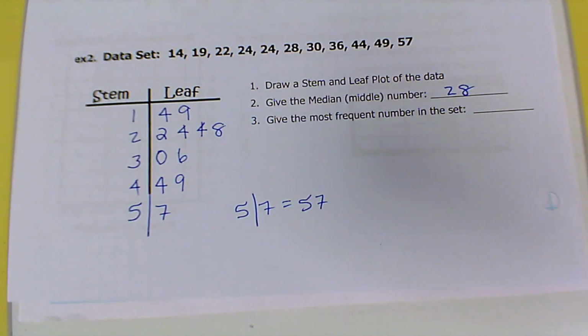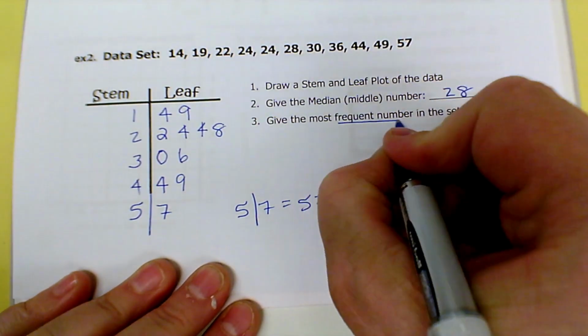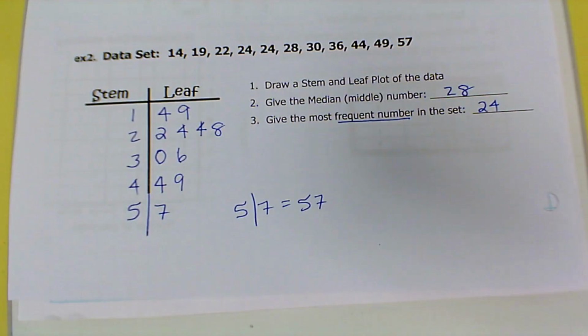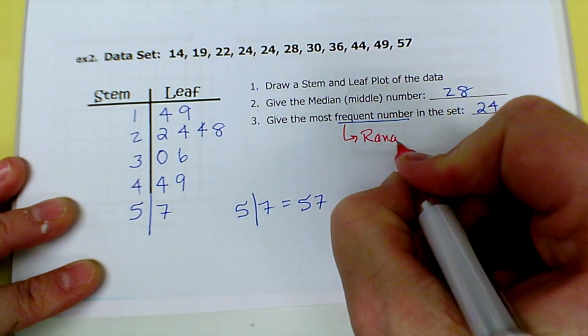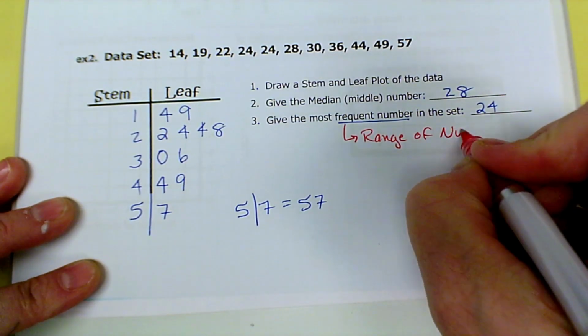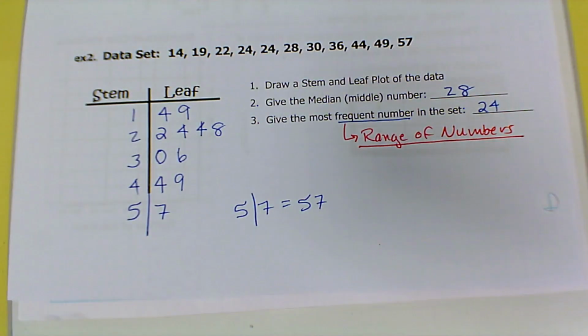Number 3, give the most frequent number in the set. The only leaf that appears twice is these 4s. So 24 appears twice, so that is the most frequent number. Now, frequent number is one number. If they ask you for the frequent range of numbers, you're looking for the whole row.